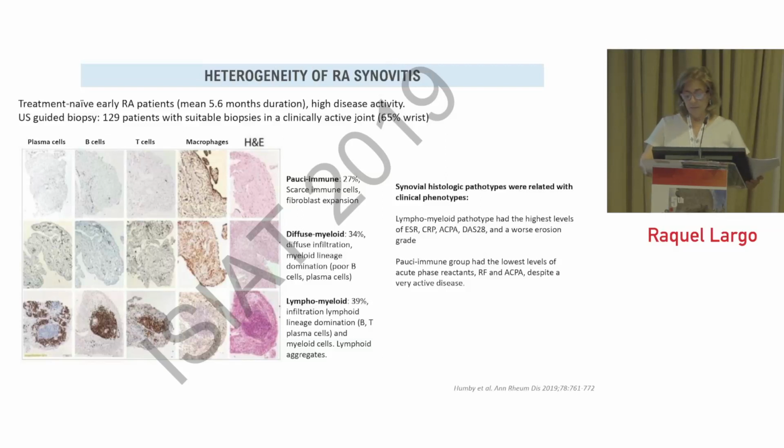Furthermore, the histopathological pathotypes were related to clinical phenotypes in the patients. The lymphomyeloid pathotype group had the highest level of blood markers and a worse erosion grade, while the pauci-immune group had the lowest levels of activation in the blood, despite a very active disease.